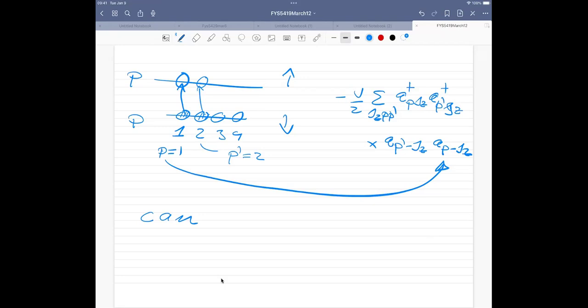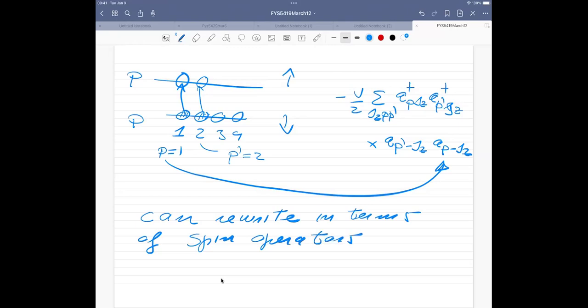But what we can do now is rewrite in terms of spin operators and Pauli matrices, of so-called spin operators and Pauli X, Y, and Z, and identity matrices.